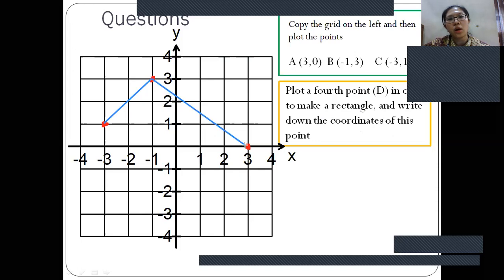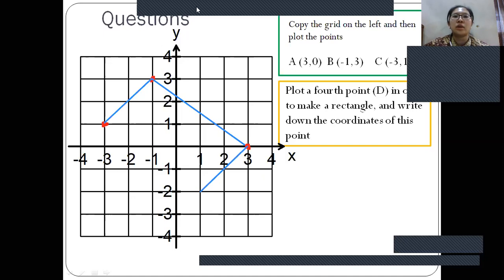Okay, so according to you, if I would like to make a rectangle, where can I draw the point? Any idea? You see this plot is related here. It has two diagonal lines in between. So for sure, to make a rectangle, I also need to have two diagonal lines in between.